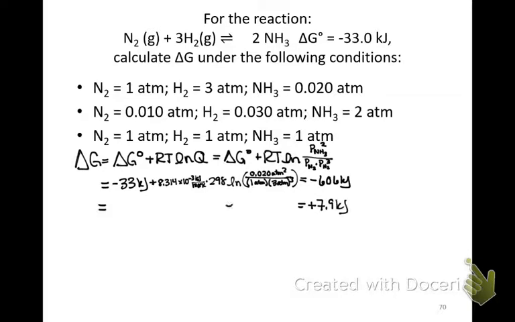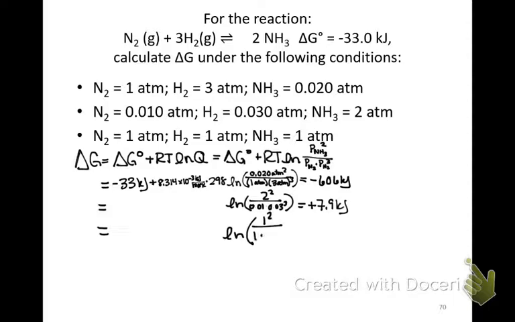Okay, and so that's when Q is 2 atmospheres squared divided by 0.01 times 0.03 cubed.